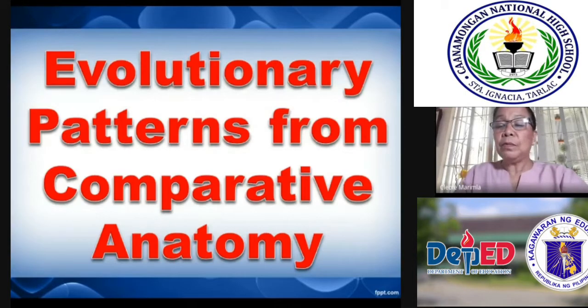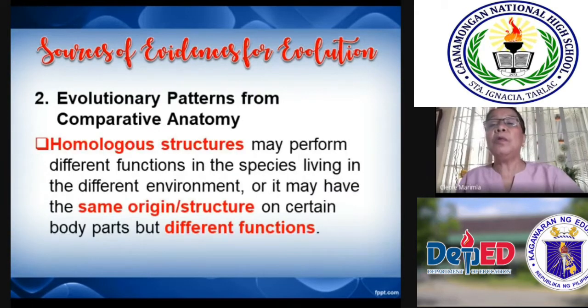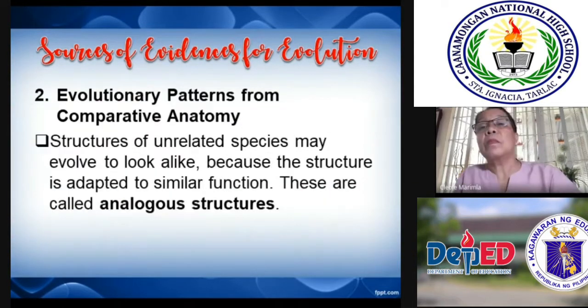Number 2, evidence for evolution is the evolutionary patterns from comparative anatomy. Structures can be homologous or analogous. Homologous structures may perform different functions in species living in different environments, or they may have the same origin, structure, or certain body parts but different functions.